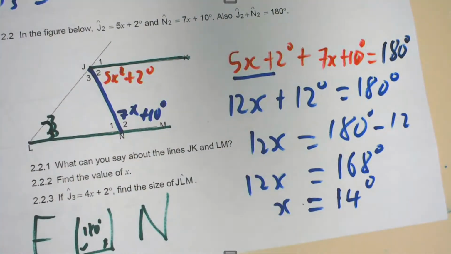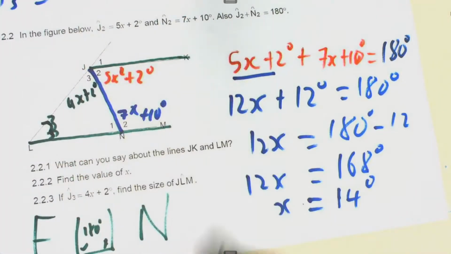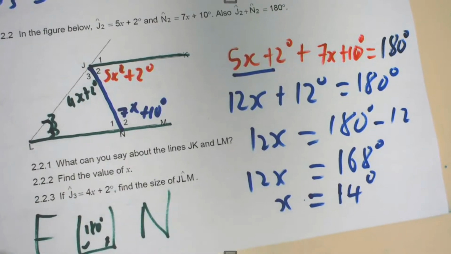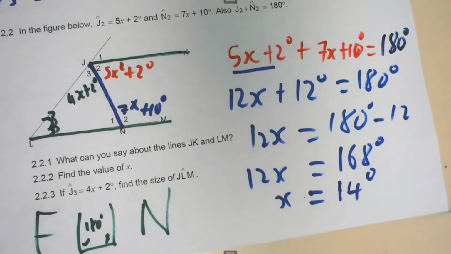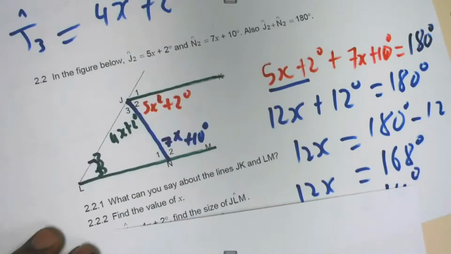If your J3 is 4x plus 2 degrees, that's the situation. Now we want to find out JLM. What is the relationship? Let's write it here. JLM, let's use our colors like I indicated earlier.